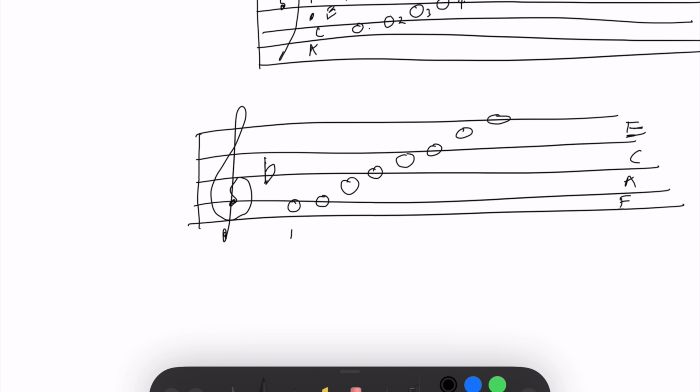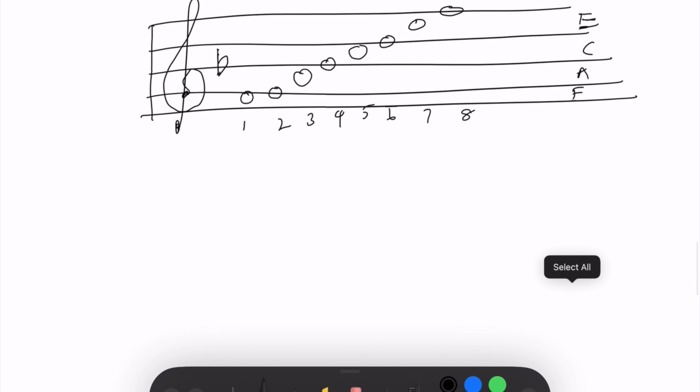So we have 1, 2, 3, 4, 5, 6, 7, 8. If you did this, you would have constructed the major scale of F. So this is a major scale of F. The same works with the bass stave.